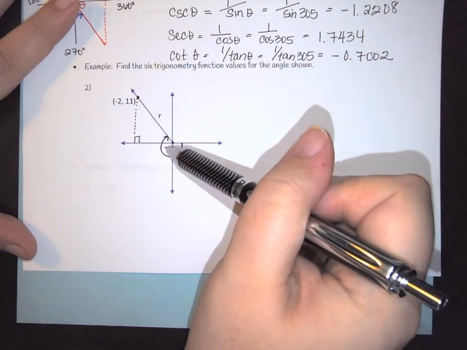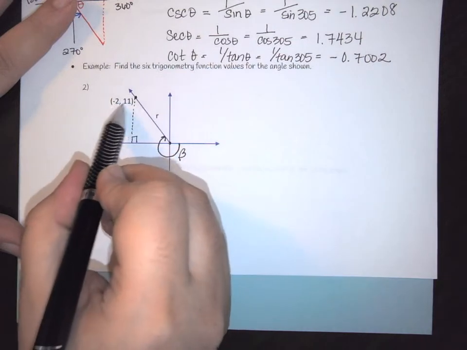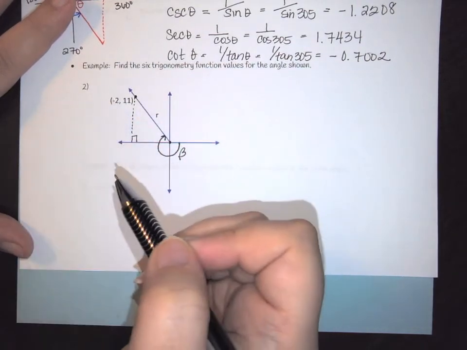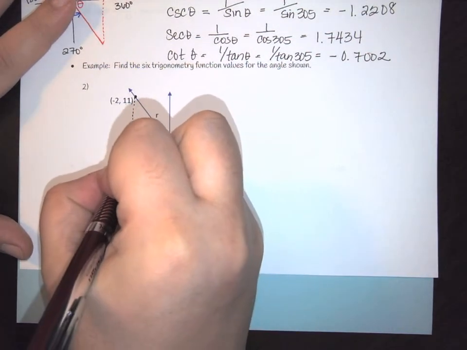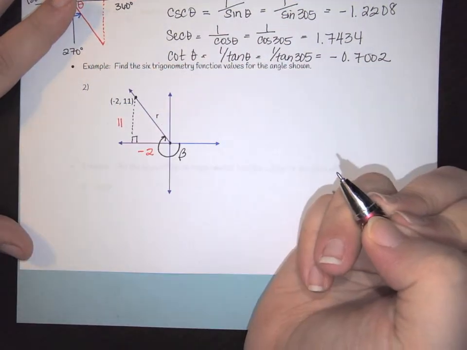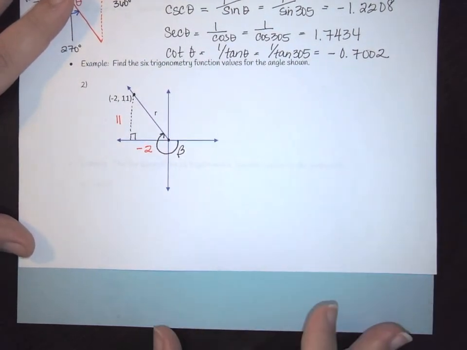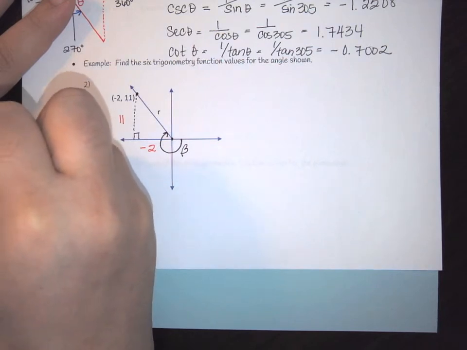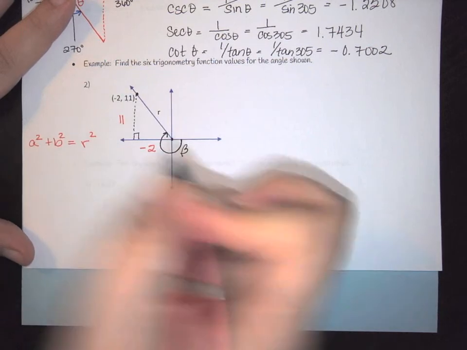Now, when we're looking at this, what do we actually know? Well, this point here is telling us all the information we need. It tells us that my x value is going to be negative 2. So this is negative 2. And it says my y value is 11. And then I have my radius here. So you have to use Pythagorean's theorem to find your radius. So we know a squared plus b squared equals my radius squared.